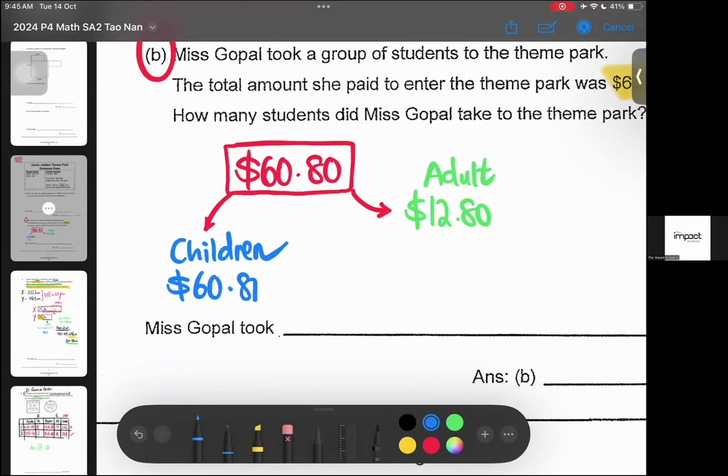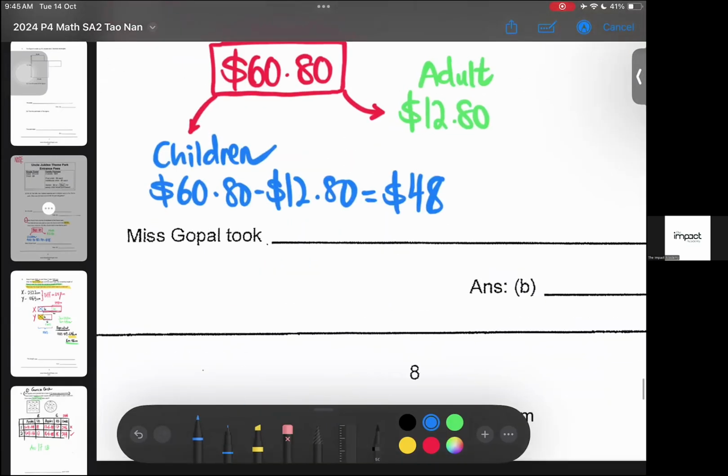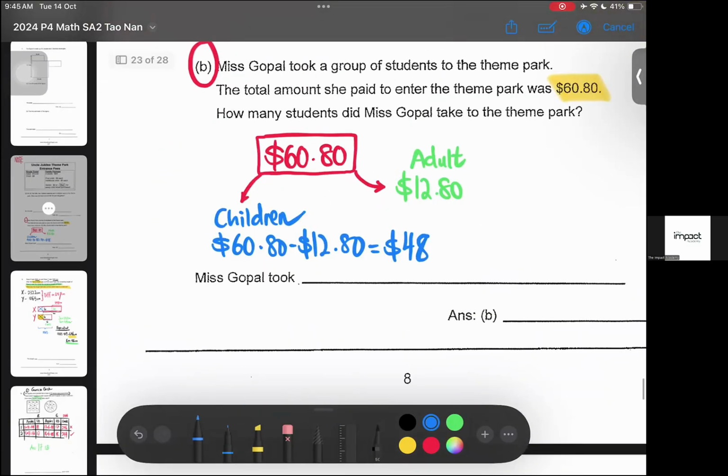So $60.80 minus $12.80, we get an answer of $48. This is the amount that she has paid for the children. How many tickets can I buy with $48?